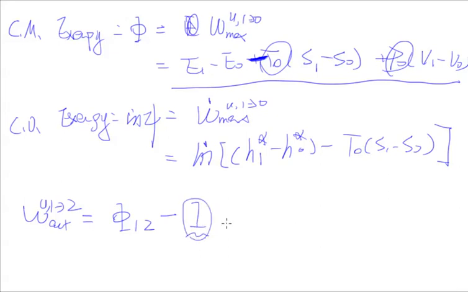So the actual amount of work is always less than or equal to the amount of work we can get during a reversible process. And this destruction is typically T0 times entropy generation. This is exergy. Now let's talk about efficiency.